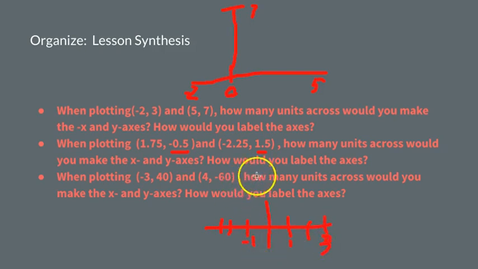But your y-axis is going to be quite different. You're probably going to use a much larger space, or you're going to make each one worth 10 at a time. And typically if you're going to do something like that, you're going to be explaining what each of those axes are, like hours or days or something like that.